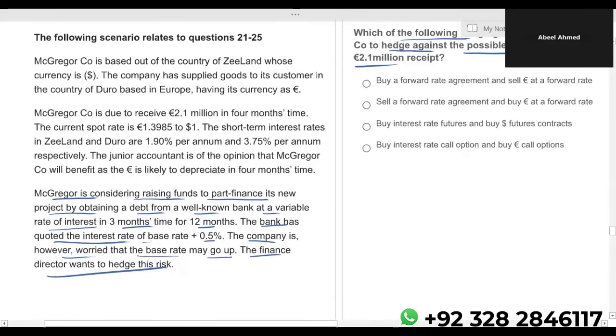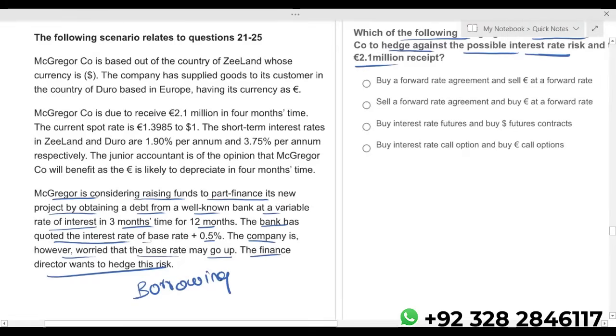The finance director wants to hedge this risk. First of all, you should know when it comes to interest rate, they want to borrow. So here the company is a borrower when it comes to the interest rate.